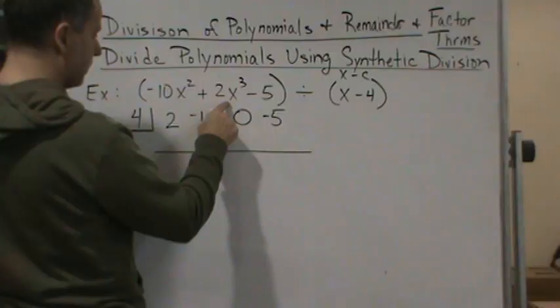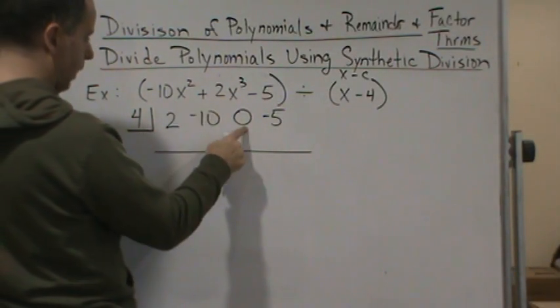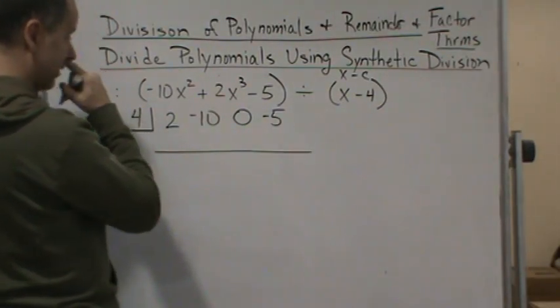Make sure you get this in the correct order: the x cubed, followed by x squared, followed by x, followed by the constant term.